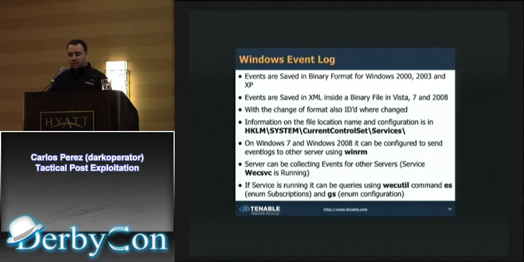One of the things I've been seeing recently in targets, especially those using the latest version or the beta version of System Center Configuration Manager, is that when I go to WinRM and start playing with the settings, I can see that they're shipping their event logs to another box. This is a good indicator of the level of expertise of your target.